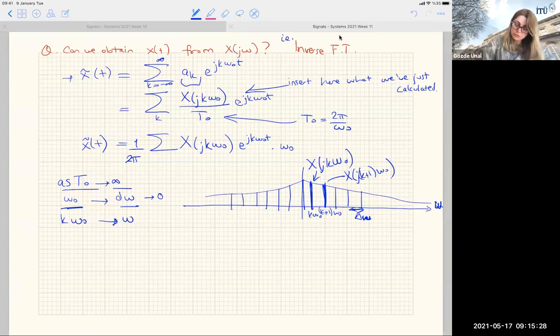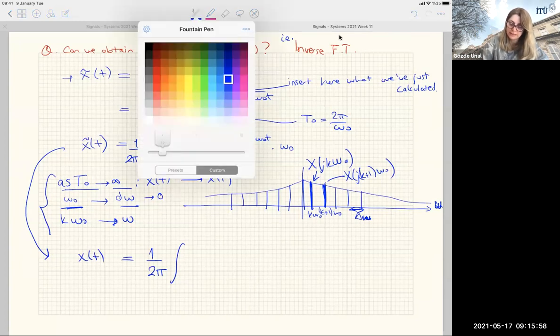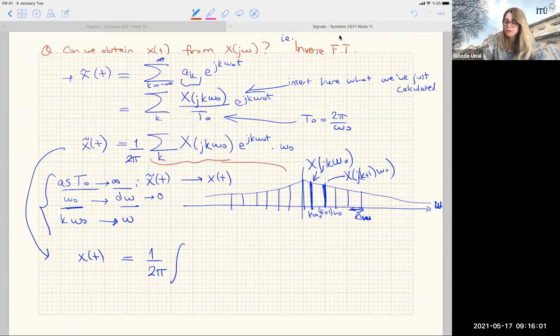Now do the math, because this is what helps me go from the periodic signal x tilde to the non-periodic signal. This is how we went there. If you take the limit here, we move from sums over the spectrum at k spectrum points, for different k you have these guys, to an integral from minus infinity to infinity.